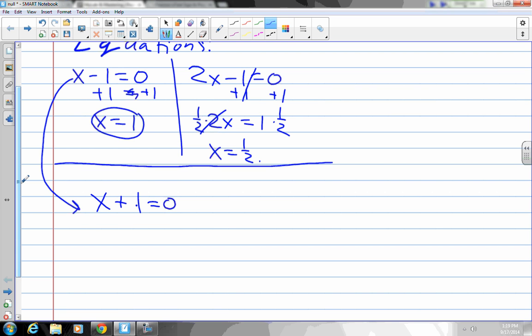How would you solve this question? Subtract 1. You just thought, okay, 1, do I have an additive inverse of 1? Well, that's -1. Well, x equals -1, right?